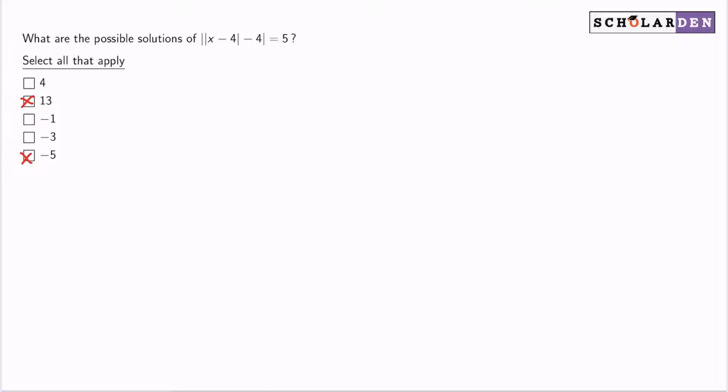So first things first, when it comes to absolute value equations, what you want to know is that if you are saying the absolute value of x equals, let's say, 5, well, remember, the absolute value function turns anything negative positive, and if it's already positive, it keeps it positive.